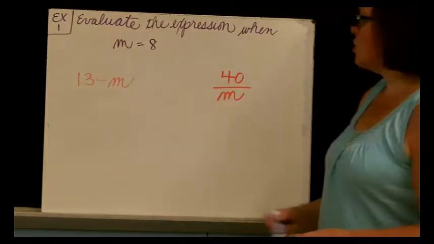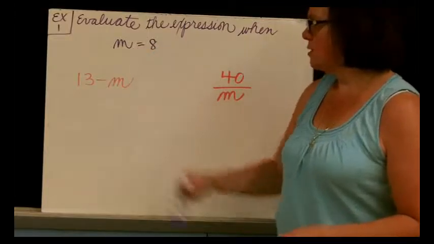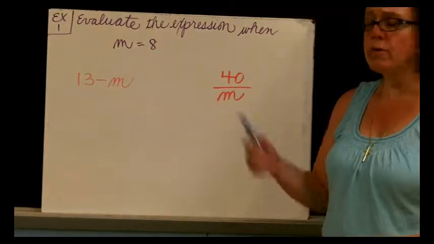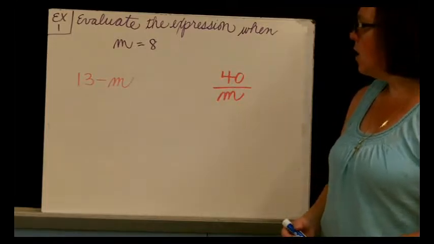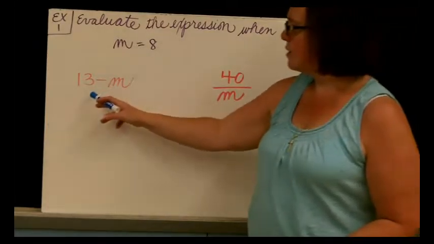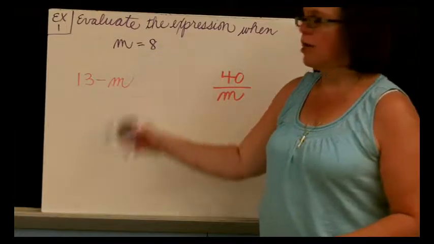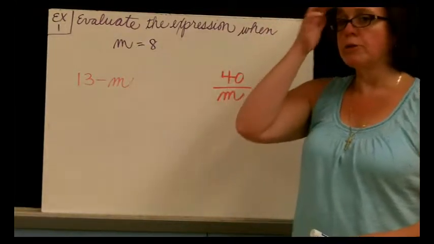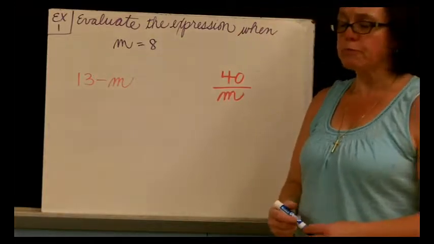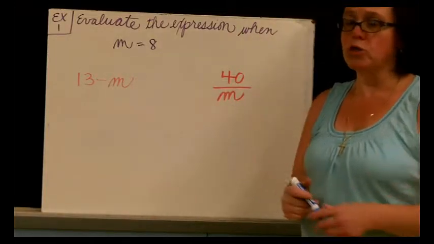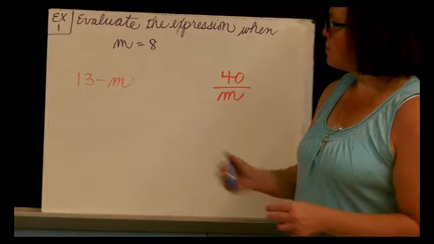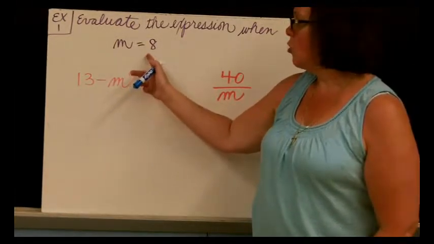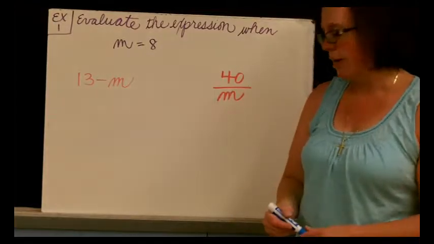Evaluate the expression when m equals 8. We're going to work on 2 separate expressions in this example. When you have an expression that has a number and a variable, and they're telling you what the variable is, after you copy the problem into your notebook or onto your note-taking sheet, your next step is to rewrite the expression, but this time instead of using the variable, we're going to use the number 8.